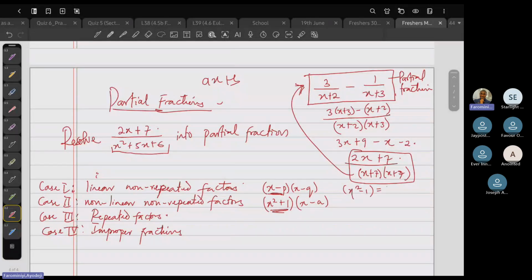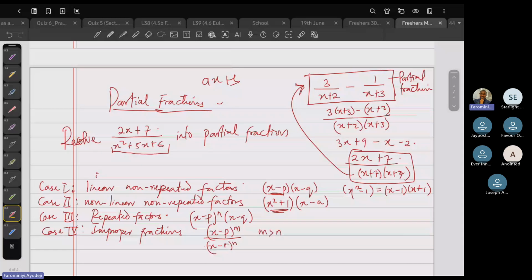For x squared minus 1, you can break it down into x minus 1, x plus 1. But for x squared plus 1, you cannot decompose it. So for case 3, when you have repeated factors, and for case 4, when you have something on top whose degree is bigger than, so m is greater than n.